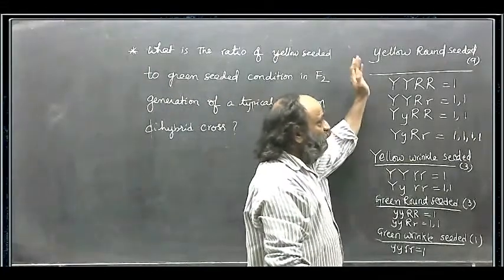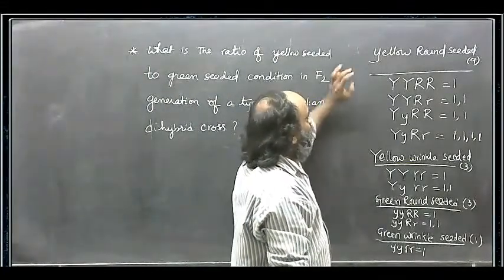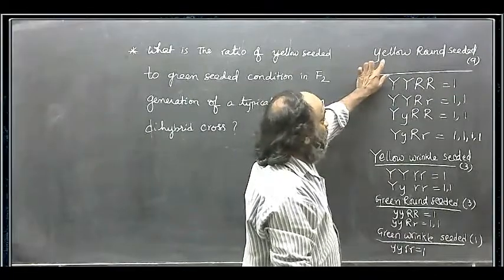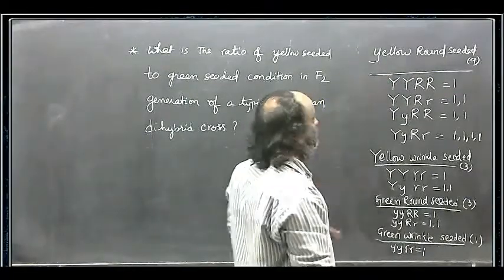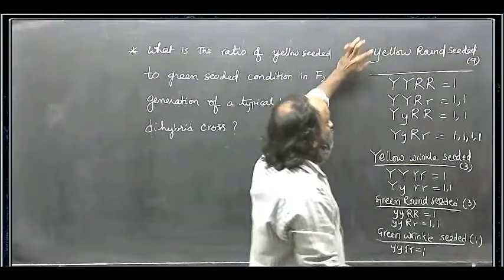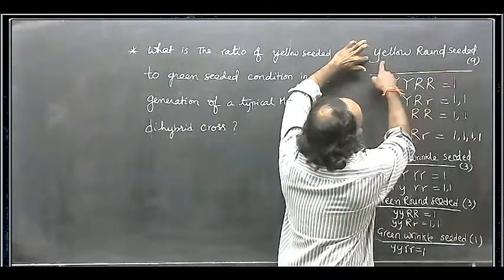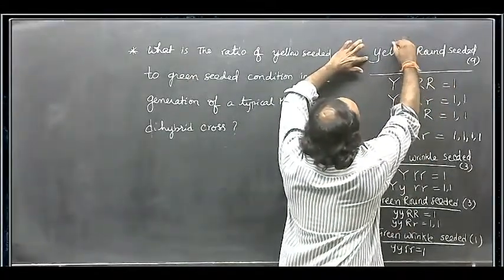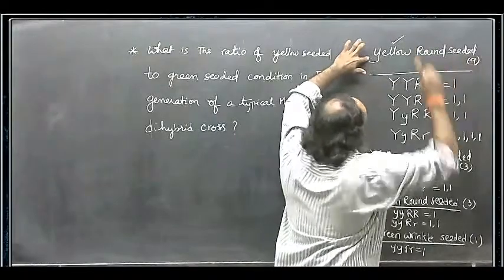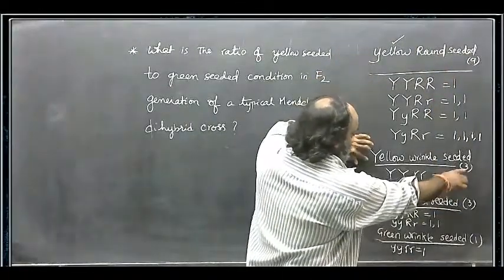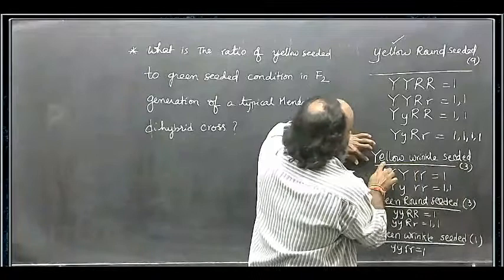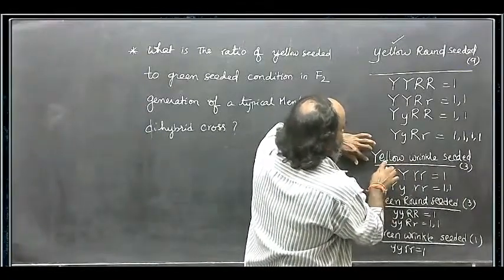You can use this data. We have taken the color of the seeds into consideration. So, in this case, 9 of them are yellow seeded. Even 3 in the second case is yellow seeded.